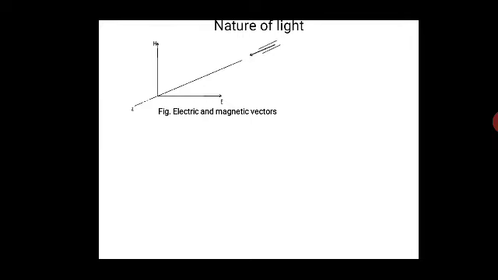Next is the nature of light. The light source consists of two vectors, the electric vector and the magnetic vector.